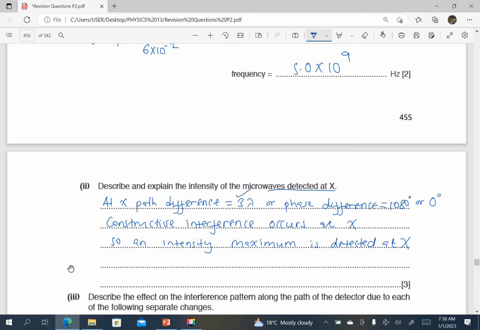Constructive interference occurs at X, so an intensity maximum is detected at X. How do we know that it is constructive? We know the conditions. As long as the path difference is n times lambda, a whole number times lambda, that is constructive interference. If it is n plus a half lambda, an odd number divided by 2, like 3 over 2 lambda, that is destructive interference. So for this particular question, it is constructive.